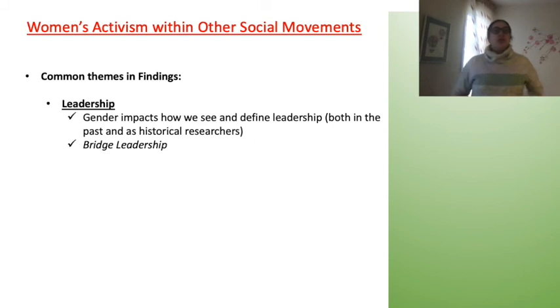So what has the research shown us when historians have looked at all these other social movements and seen how women are participating? The first key area of findings is related to leadership. And historians have noticed that leadership often means something different and looks different when it's women who are leaders in these movements and communities that are advocating for different types of social change.